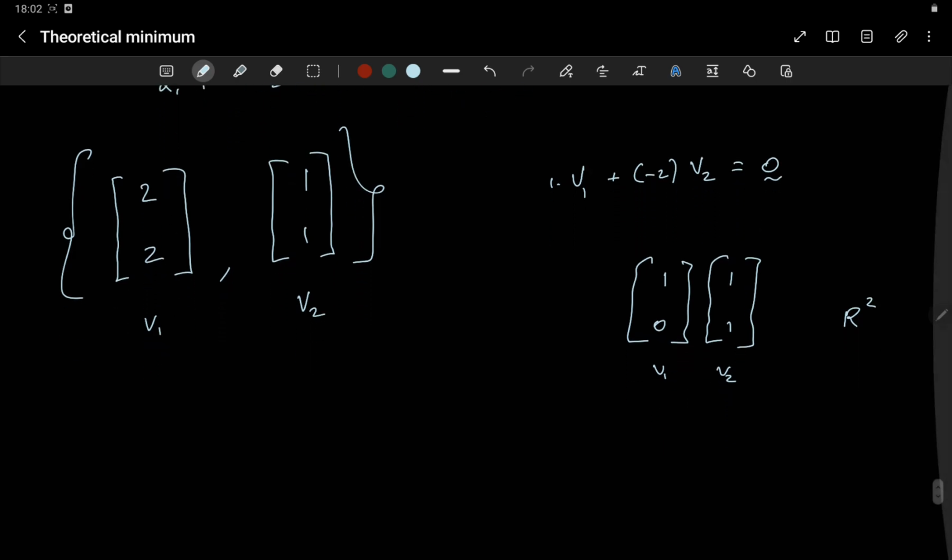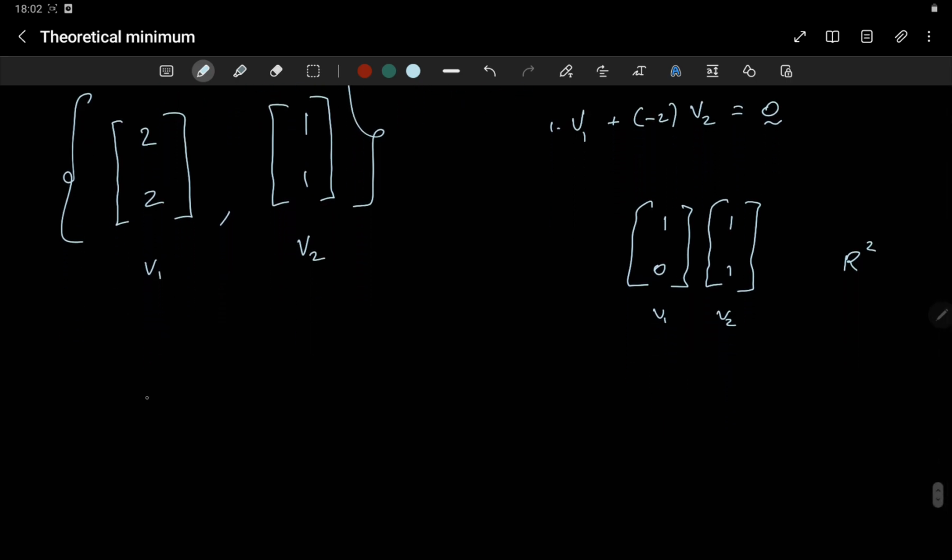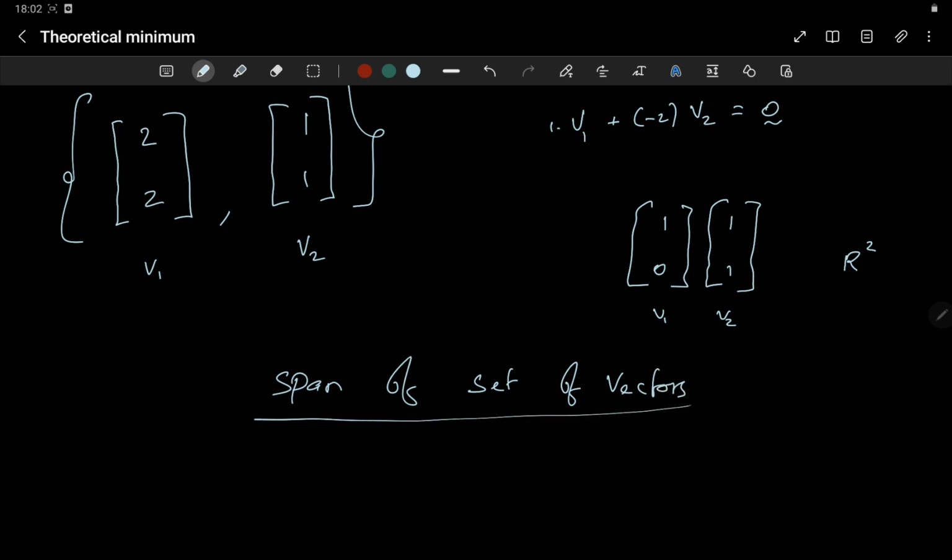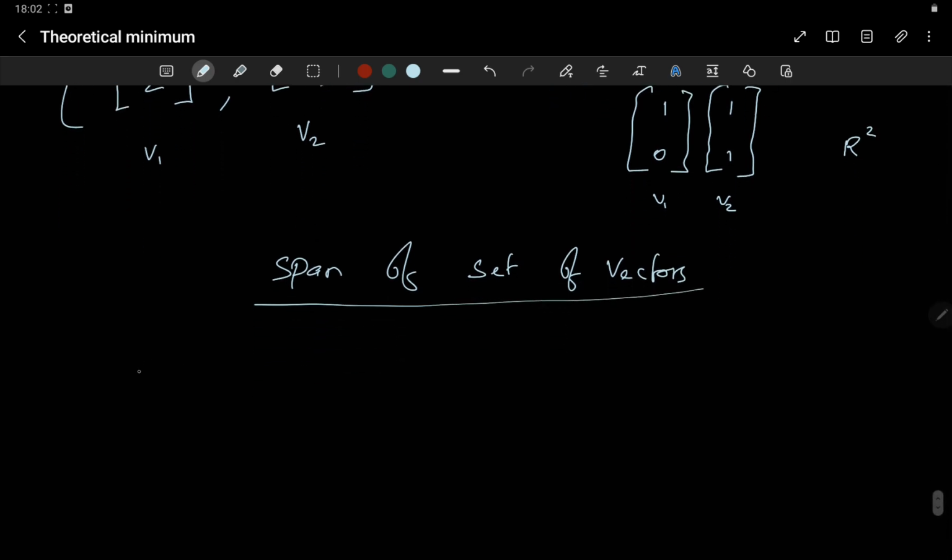And one more thing I wanted to say is something called the span of a set of vectors. So what's a span? Say for example you have a set v1, v2, dot dot dot, vn. What are all the vectors you can obtain by doing a linear combination of these vectors?